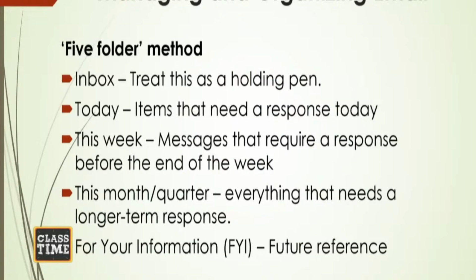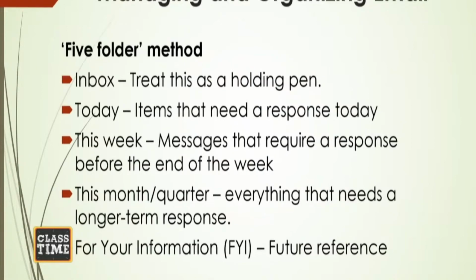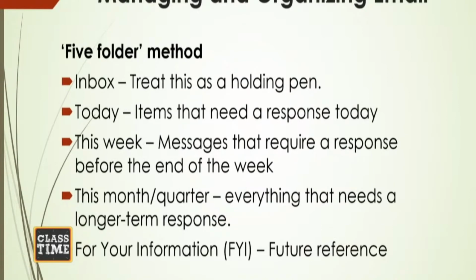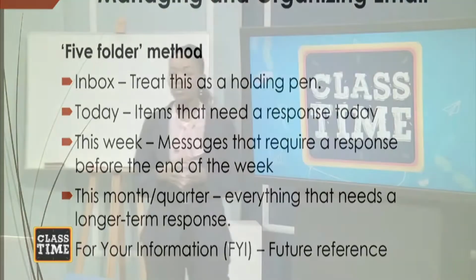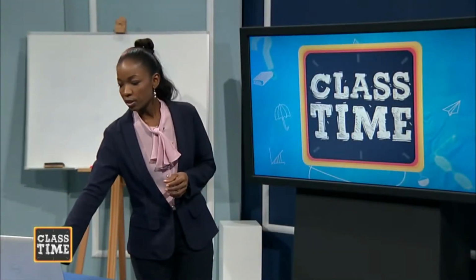And for your information, for future reference, if you get some information that you already used, you responded, but you might need this type of information again sometime throughout the year or next year, you will store this information in the for your information folder so that you know where to find it and you can look back whenever it makes sense to you.